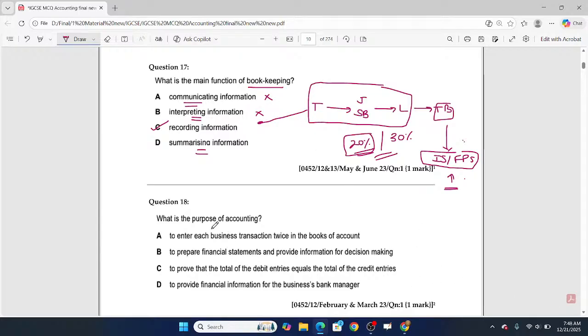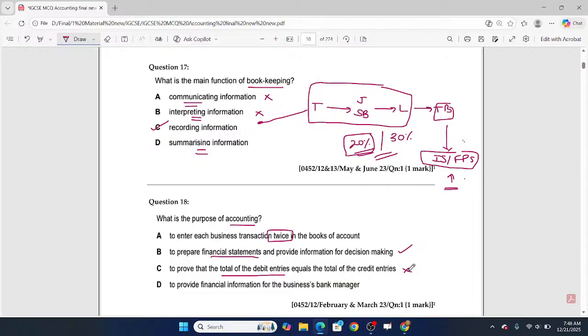Now, what is the purpose of accounting? To enter each business transaction twice in the books of account. No, recording twice is a double entry system. Whether you follow single entry system or double entry system, both are being accounting only. So it is not the correct answer. To prepare financial statements and provide information for the decision maker. This is correct. To prove that the total of the debit entries equals the total of credit entries.